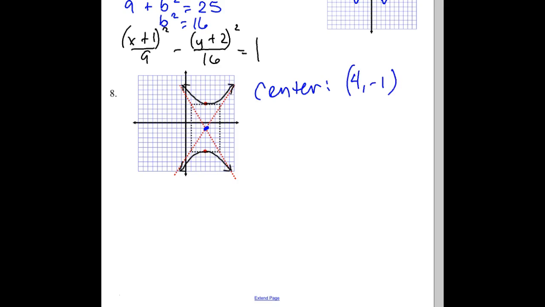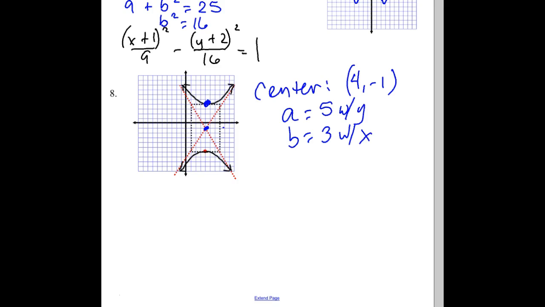Okay. Now, from center to a vertex, which would be this point, how many spaces did I go up? Okay, so that tells me A is 5, and it's with Y. Okay. To go to the other side of my box, how many spaces did I move to? 3 spaces here, so B is 3, and it's with X.